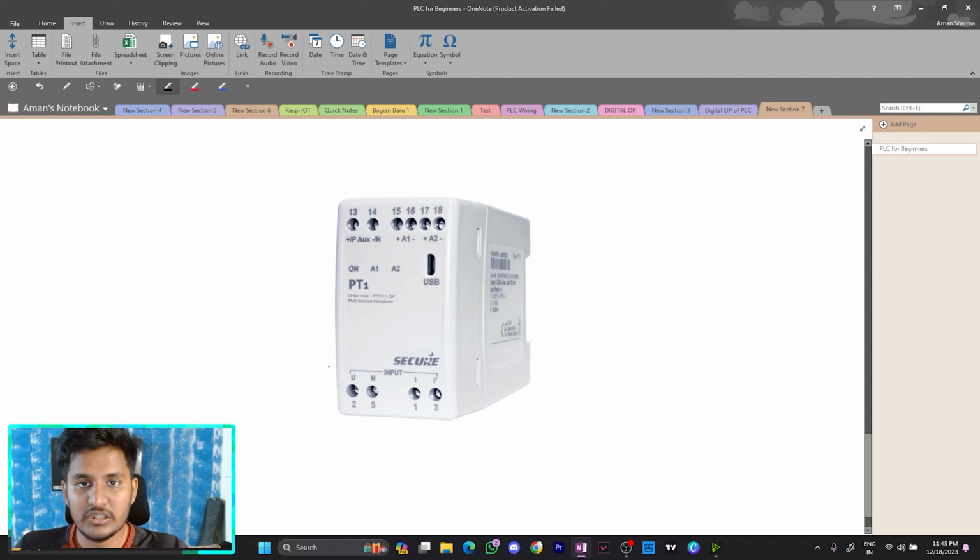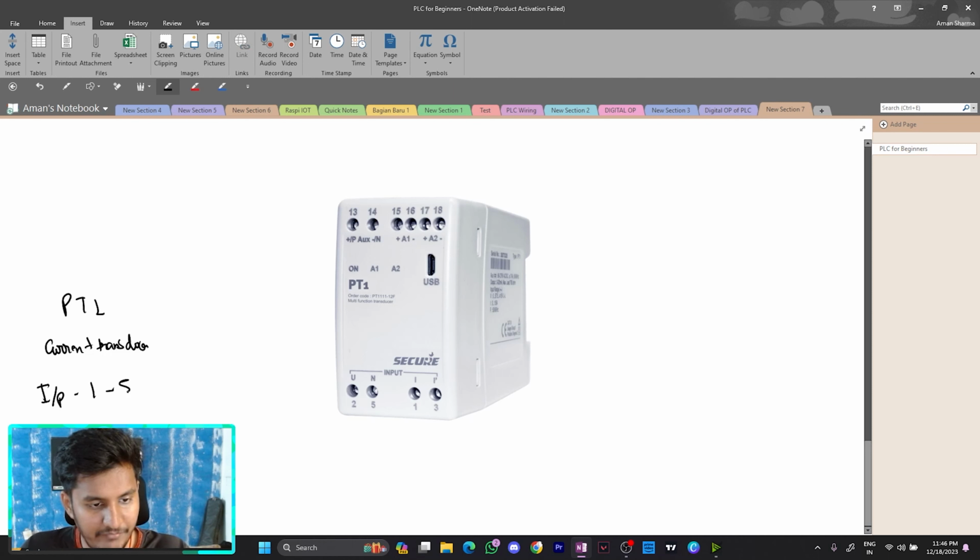To explain the concept, I am going to use PT1. Basically, it's a current transducer with an input range of 1 to 5 ampere, an output range of 4 to 20 milliampere, and an auxiliary supply of 80 to 276 volt AC or DC.